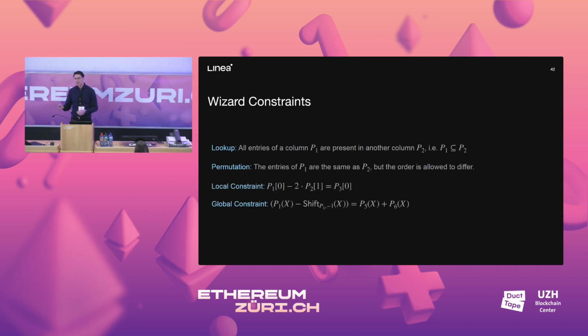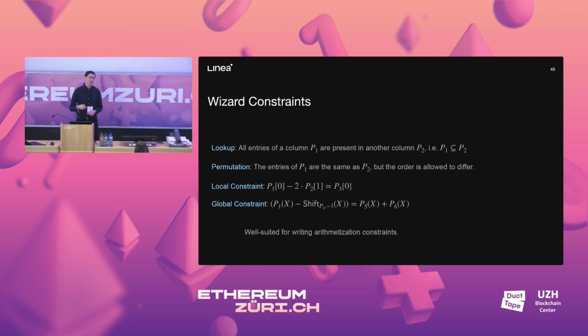We can have local constraints where we're just arguing about specific points. This is very useful when you're saying, oh, look, this column starts from 0. This account just got initialized, with zero balance, something like that. And global constraints where I'm talking about what happens over the entirety of the polynomials. And this is the one that we've just seen, where the polynomial gets shifted, and on the right side I have amount plus gas.